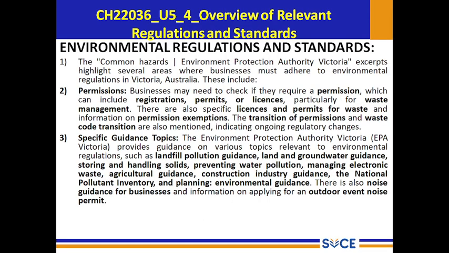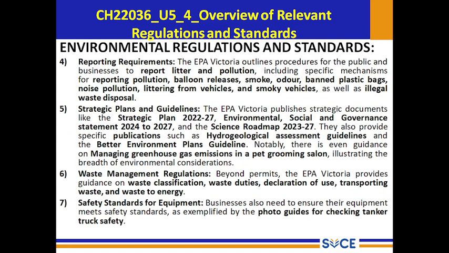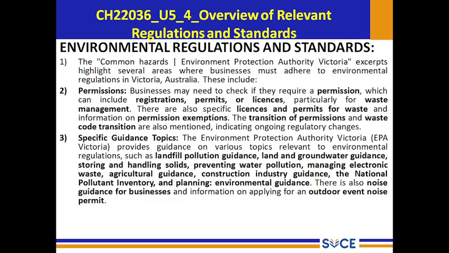First is environmental regulations and standards, which has 7 points. Let me discuss them one by one. The very first one is the common hazard. The Environment Protection Authority reports several areas where businesses must adhere to environmental regulations in Victoria, Australia.